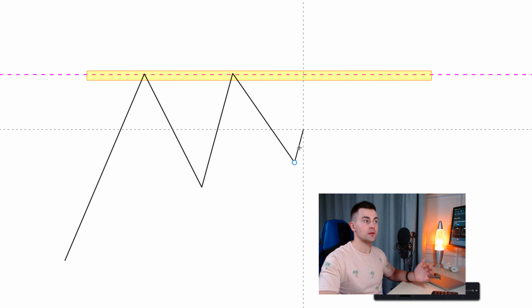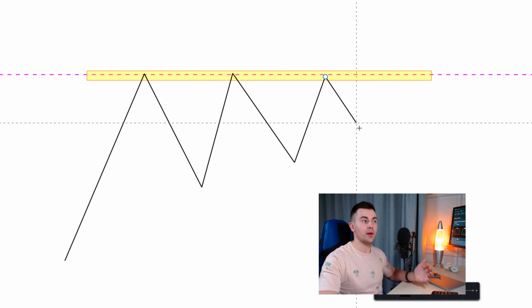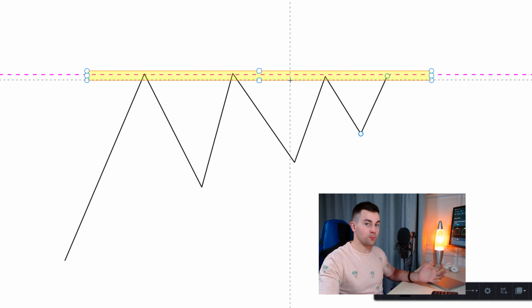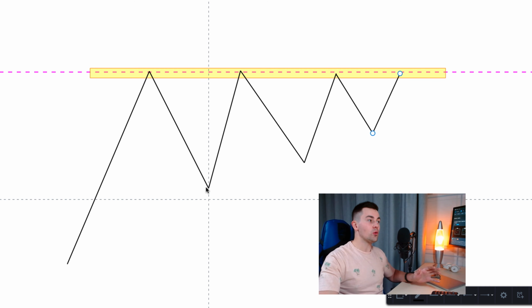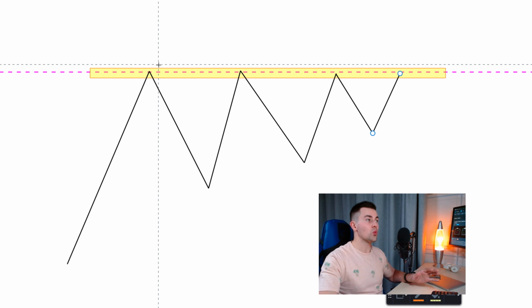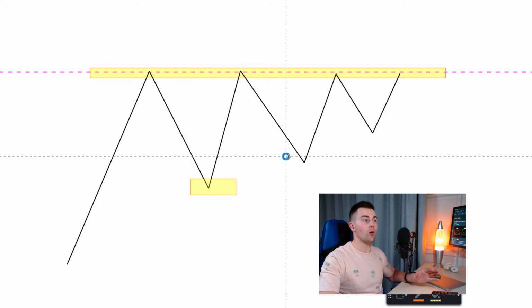You can see that here based on the equal highs, the price respects the same resistance, and with that we can easily identify that. But why is it bullish accumulation then? Because over here, if you pay attention to the details, you can see that though we have the equal highs right here, still the price sets the higher lows.